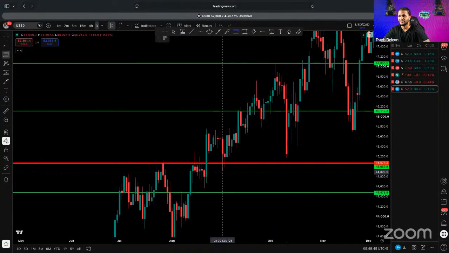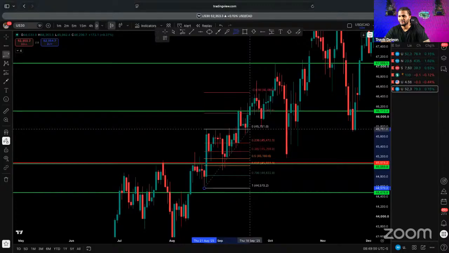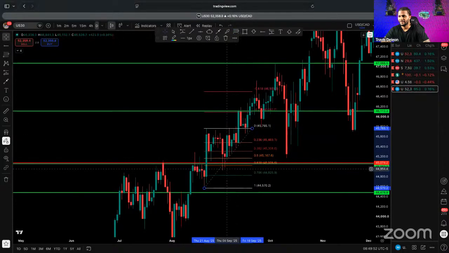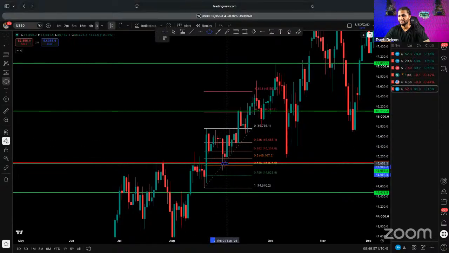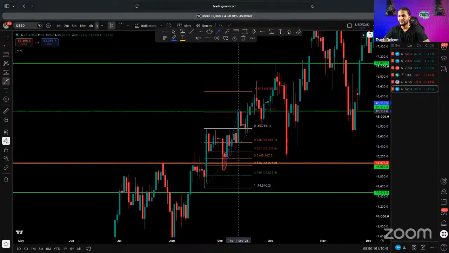As I say, it doesn't have to be a crazy run. It could be a smaller run like right here, where price pushed up, came back down, and rejected the 0.618 right here. And after it rejected that 0.618 level, see where it went straight up to that negative 0.27 level, rejected, and came back down.